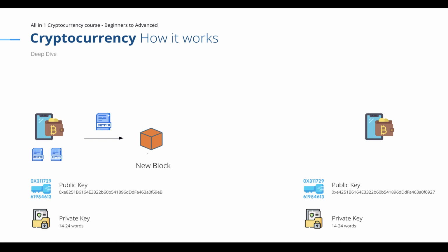The new block will contain your transaction details, and it will connect with the previous blocks of the blockchain. It's like a public journal ledger where all the transaction listings are stored and available publicly, so no one can manipulate them.